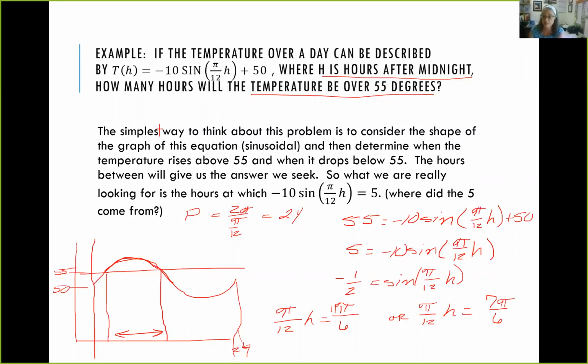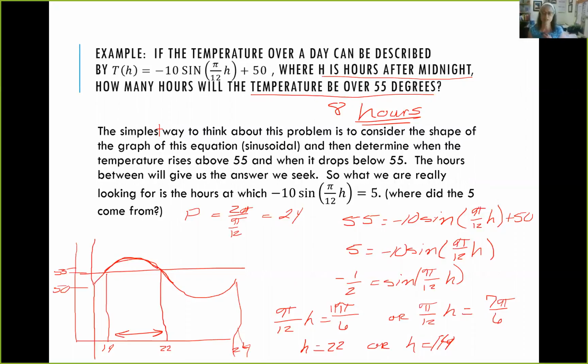Solve these equations for h and we get that h equals 22 or 14. So 22 hours after midnight is 10 p.m. 14 hours after midnight is 2 p.m. So between 14 and 22, our temperature is above 50, so that's a total of 8 hours that our temperature will be above 55 degrees.